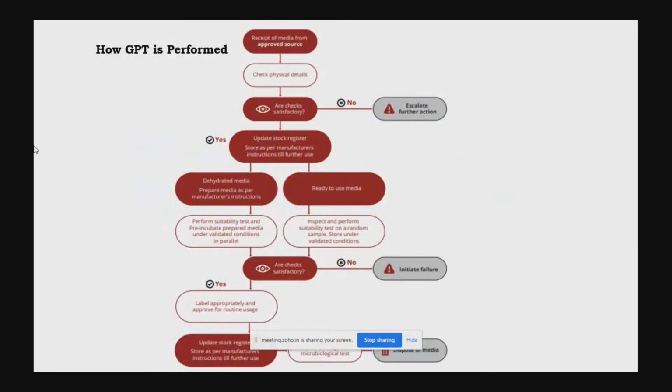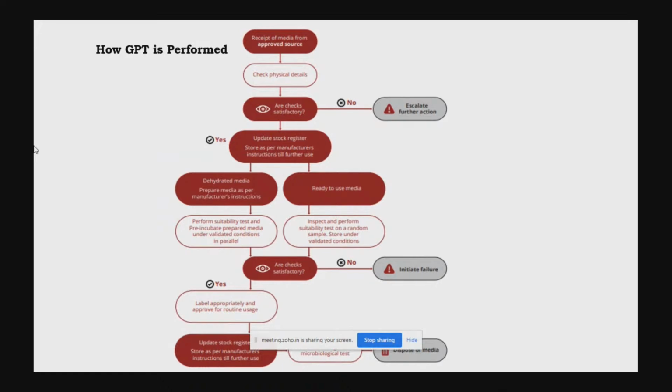So here is the flow given for how to perform the growth promotion test. Whatever media we received or in-house prepared media, we take the plates and spread the cultures of different microorganisms which are recommended in the pharmacopoeia.